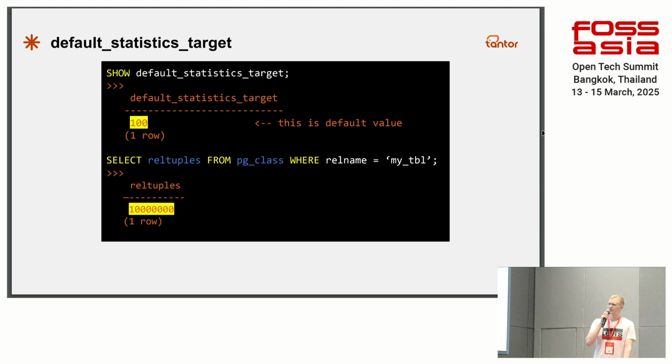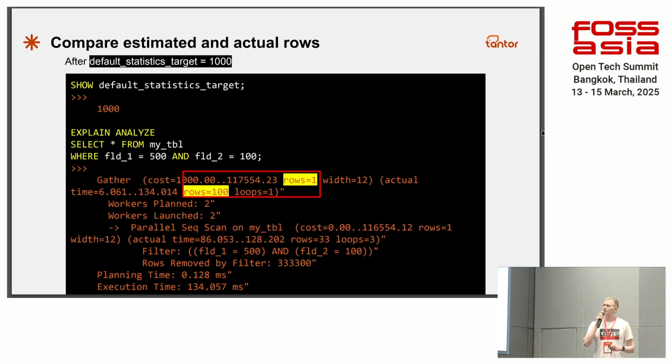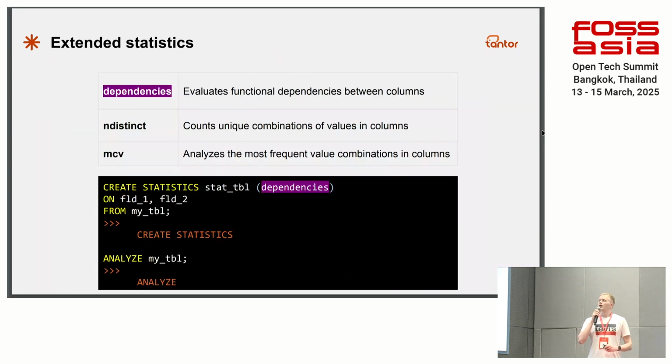So the first issue of planner statistics is that we have a low default statistics target. All right, we make it greater, and it doesn't help. Why? We have very detailed statistics. Okay, so we have done everything, but we can lose one detail: when we consider a two-column table, these columns can be related.